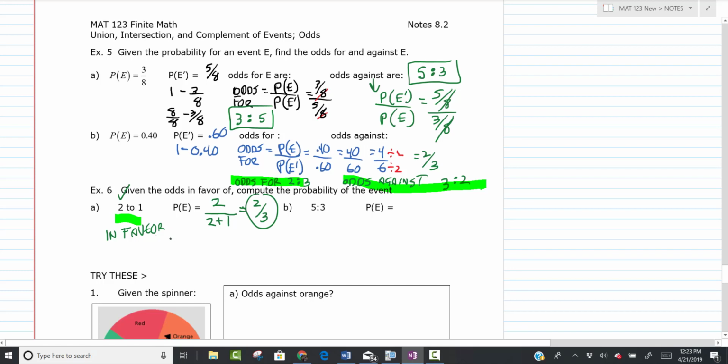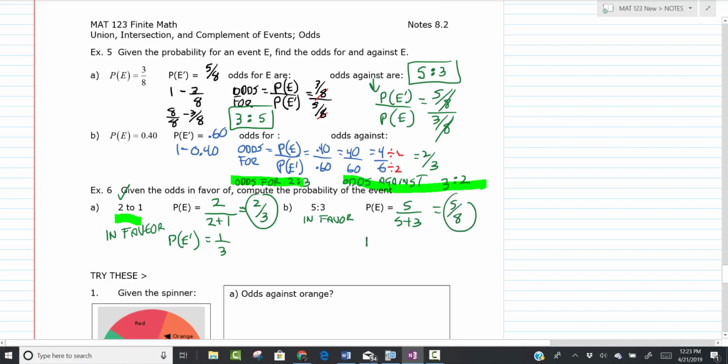And by the way, the probability of E not happening would be 1 out of 3. See, those two things are going to add up. Okay, the next one, same thing. This would be odds in favor. If you had 5 to 3 odds in favor, then the probability of that happening would be the first number, 5, over the sum. So that would be 5/8. Okay.